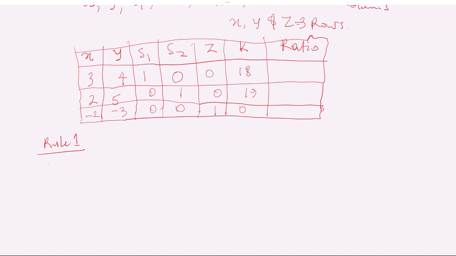The pivot column equals the least value in Z. That's for maximization.